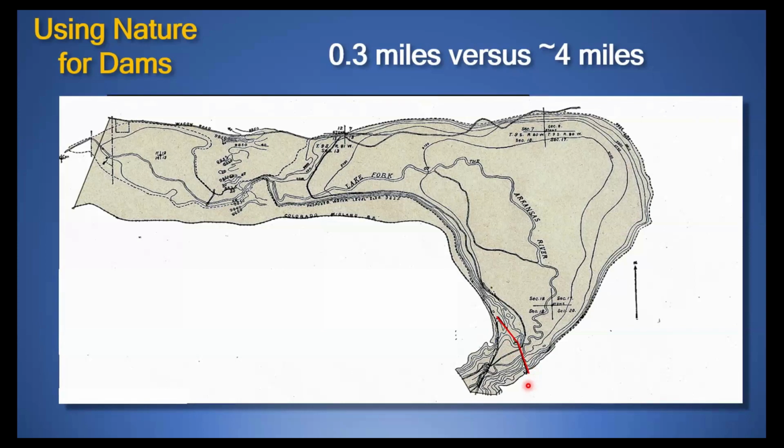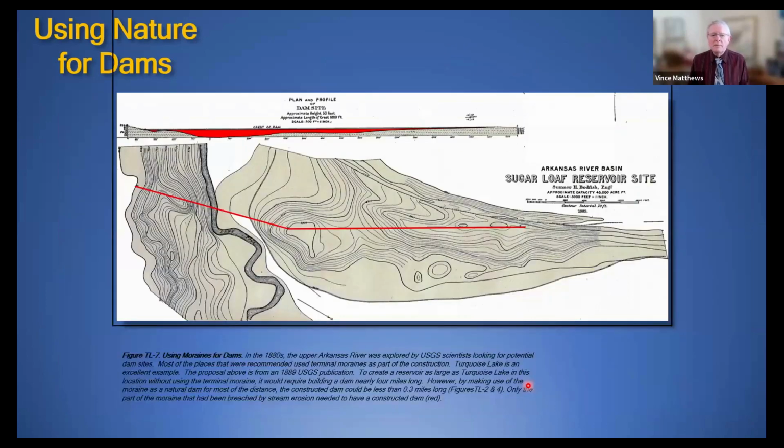And there were 9 places in this report done in 1889 to build dams. This is actually the Turquoise Lake Dam, but at that time, it was called the Sugarloaf Reservoir. And it was 1889. Here is the date on this.